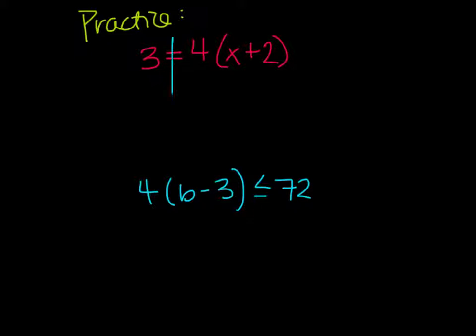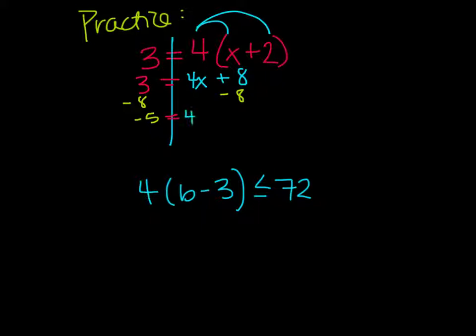Checking our work. Let's first do our distributive property. We have 3 is equal to 4 times x, 4x, and 4 times 2 is 8. So 3 is equal to 4x plus 8, so we can then subtract 8. 3 minus 8 is negative 5, is equal to 4x.